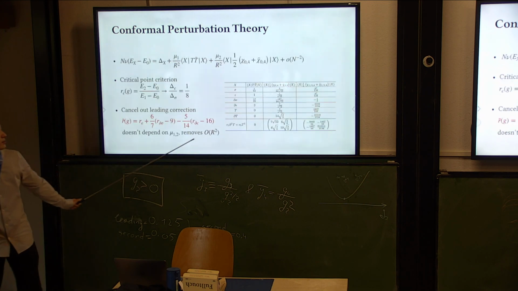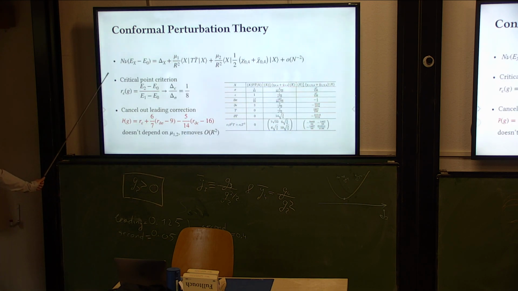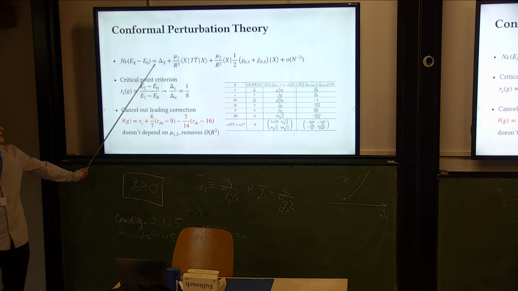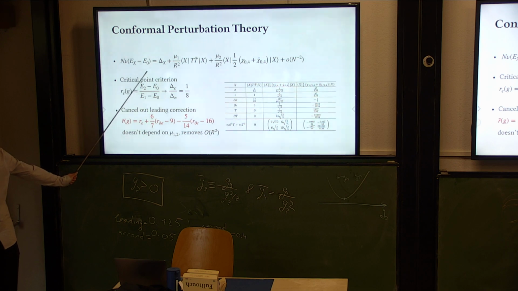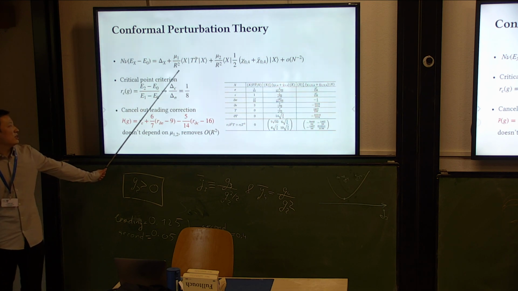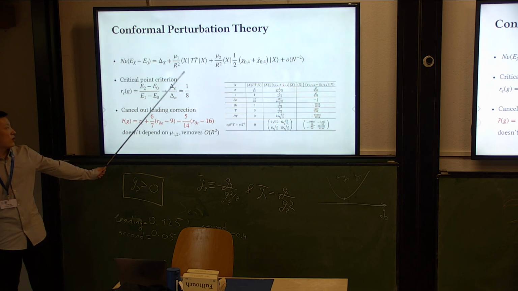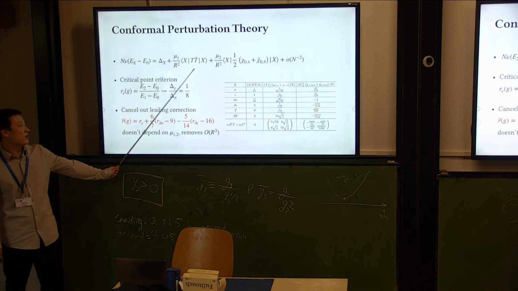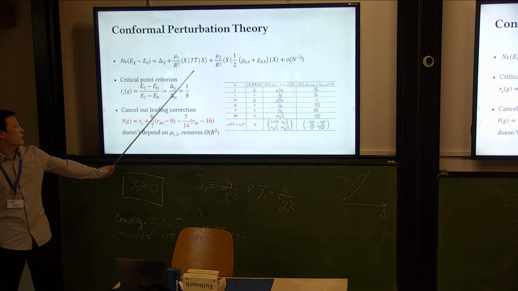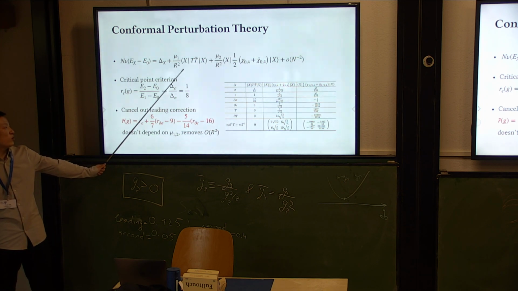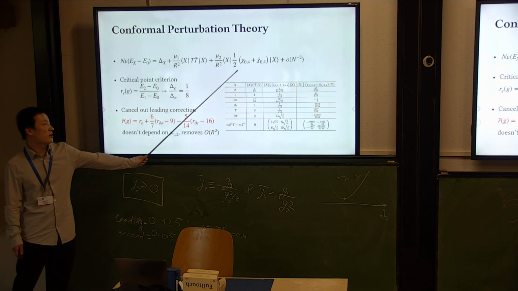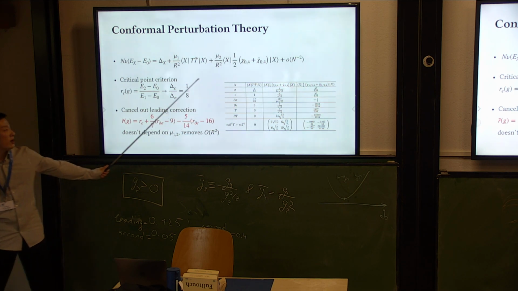So then we can parameterize all of our energy levels by their scaling dimension in the CFT and these two first order perturbation theory corrections from the conformal perturbation theory, which is basically the one point function of T T bar and the one point function of this level 4 descendant of the vacuum.